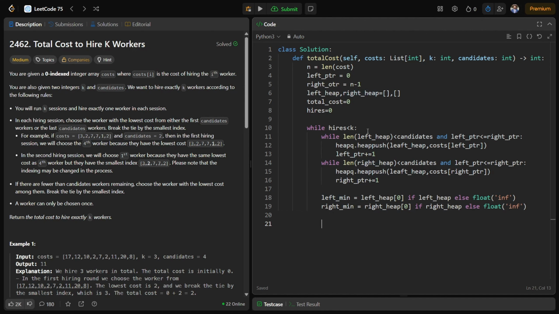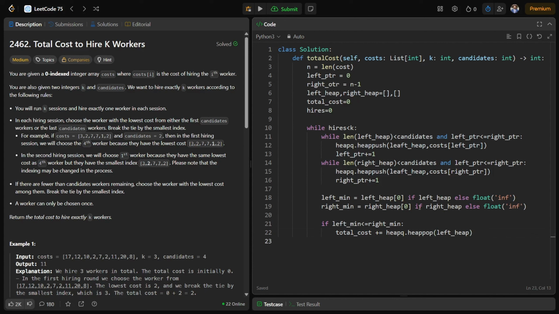Okay. After that, we will compare if left min is less than or equal to the right min, and if it is true, total cost will be left min, correct? And it won't be left min directly, it will be basically heapq dot heappop from left heap.